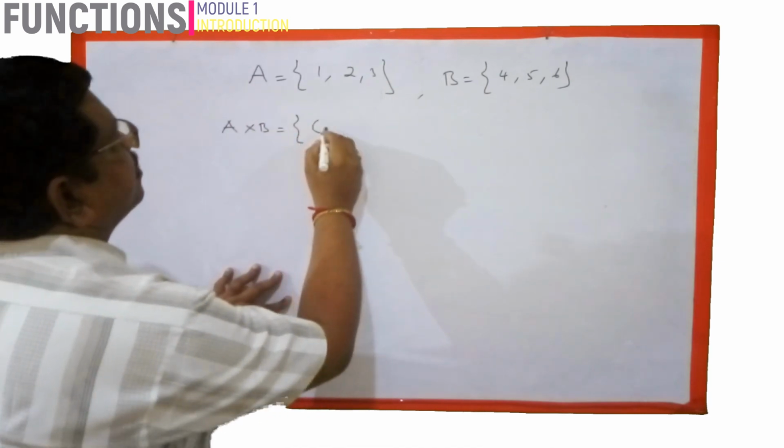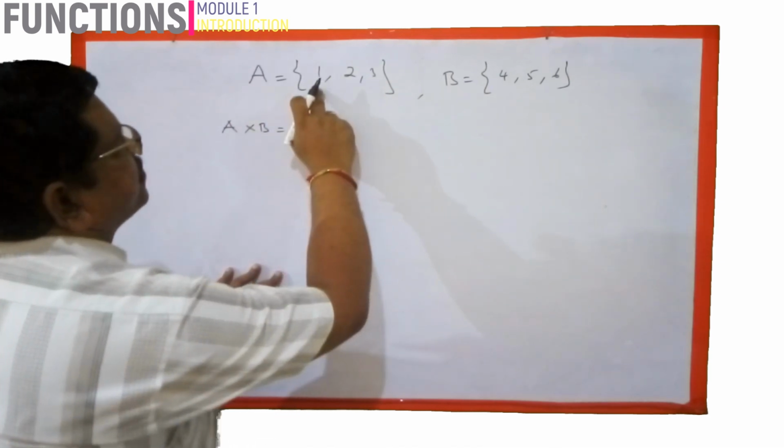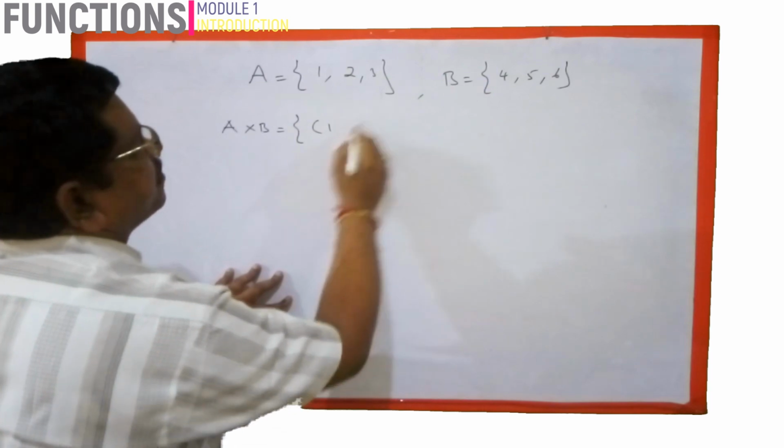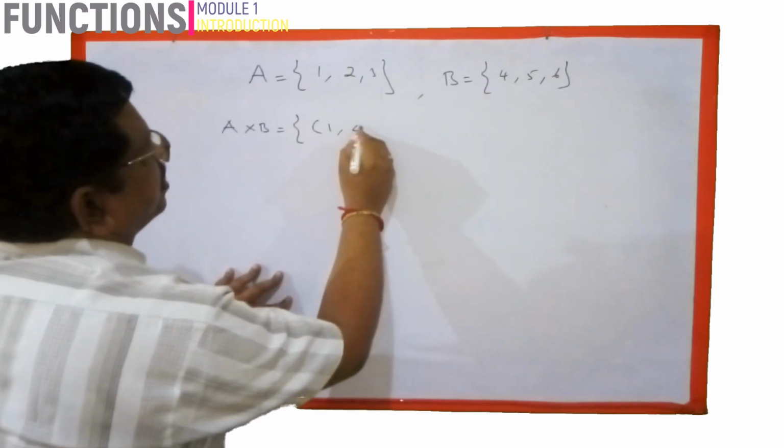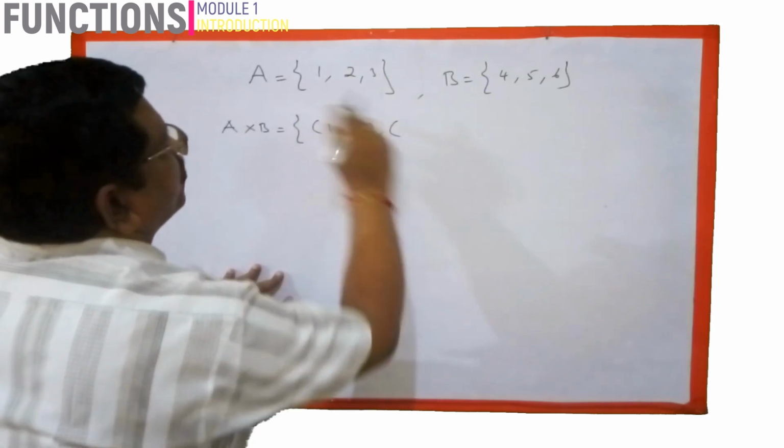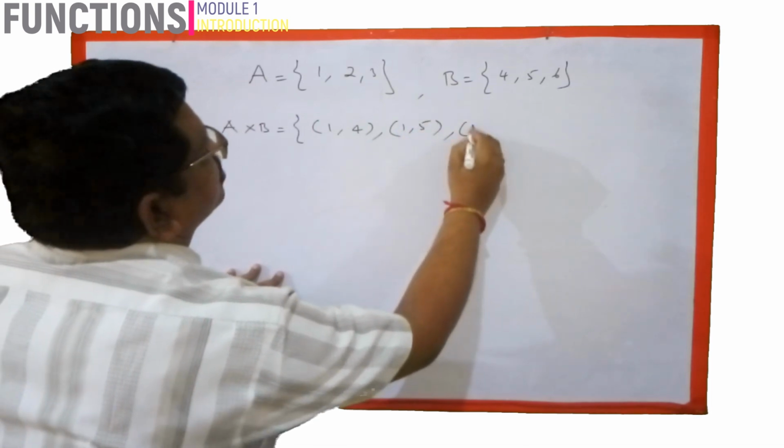We will take all the elements here. The first element 1 with the elements of set B gives (1, 4), next (1, 5), next (1, 6).